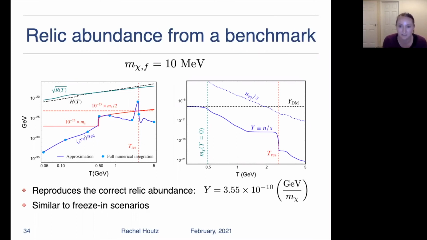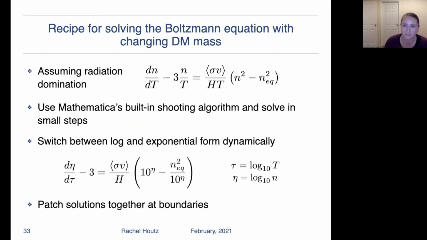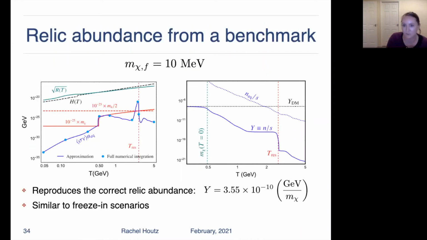The equilibrium number density, if you remember on this slide, feeds into the Boltzmann equation, so it has the effect of dragging the number density of the dark matter up, even when you're no longer having resonantly enhanced interactions. This increasing equilibrium, which you wouldn't have seen without the temperature dependent mass, has this huge effect of dragging the yield up, which is an interesting result that we didn't expect.